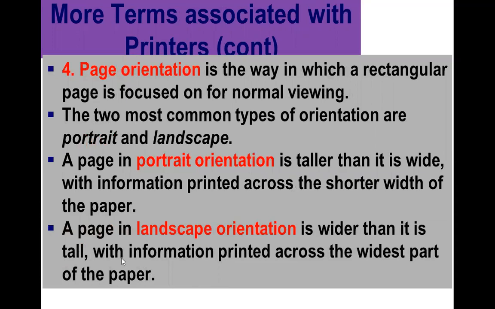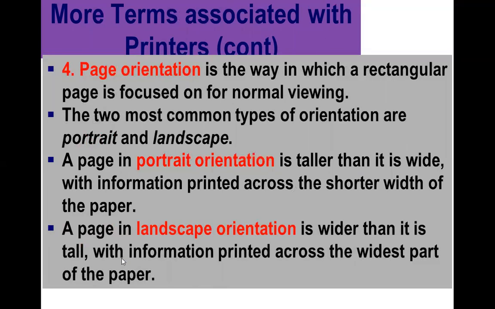We have what we call page orientation. This is the way in which the rectangular page is oriented for normal viewing. The two most common types of orientation are portrait and landscape.